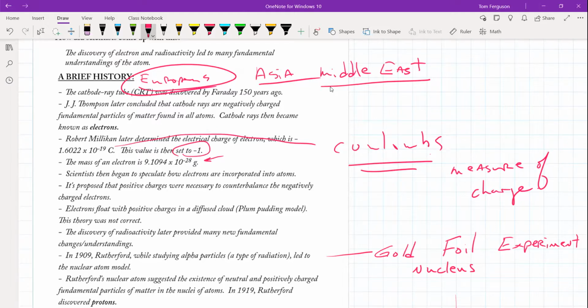So electrons have a very high charge to mass ratio because protons are +1 and they are 10,000 times bigger than an electron. So those electrons are really small compared to protons. I'm going to show you that in a minute here. Okay.